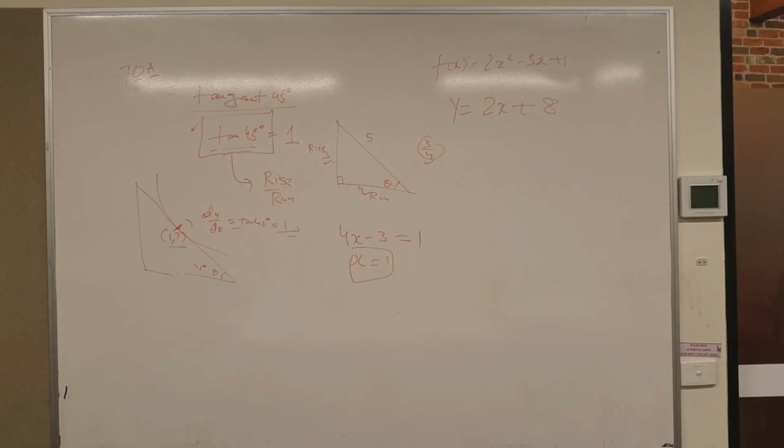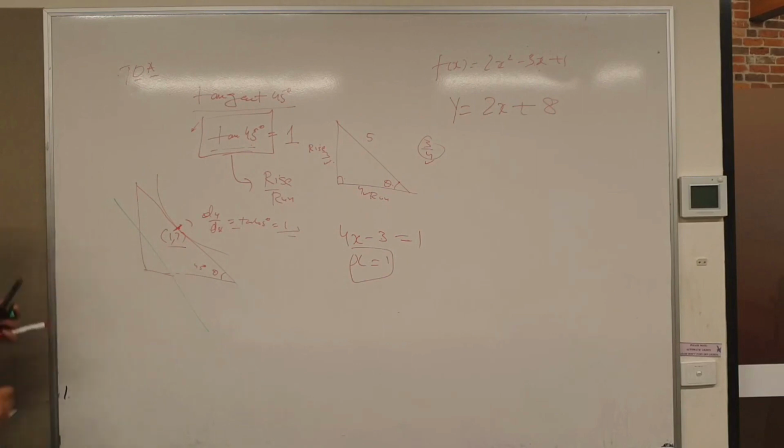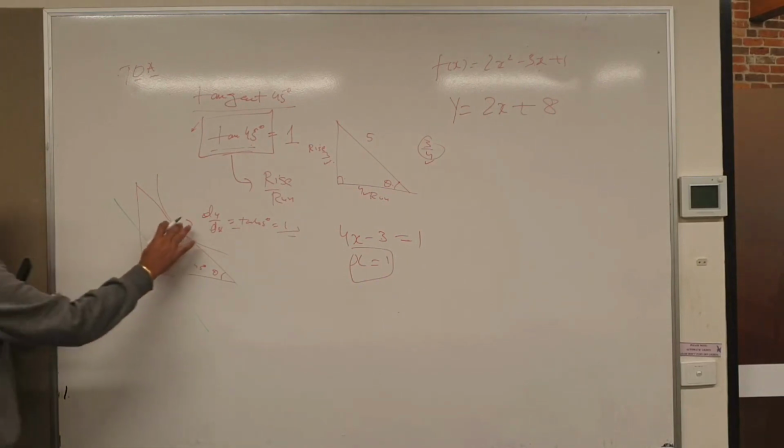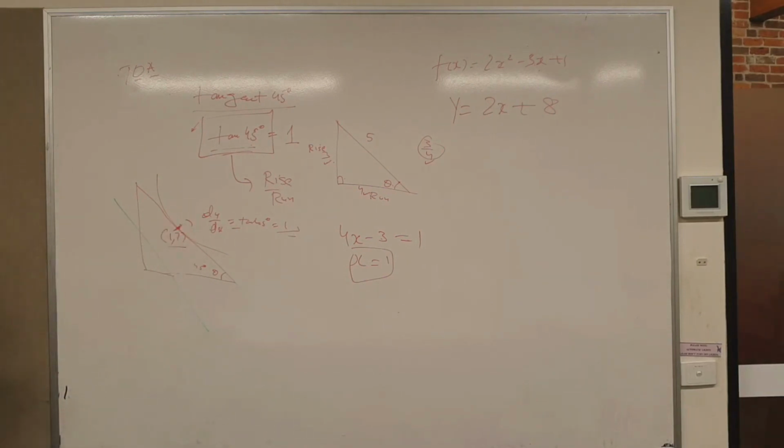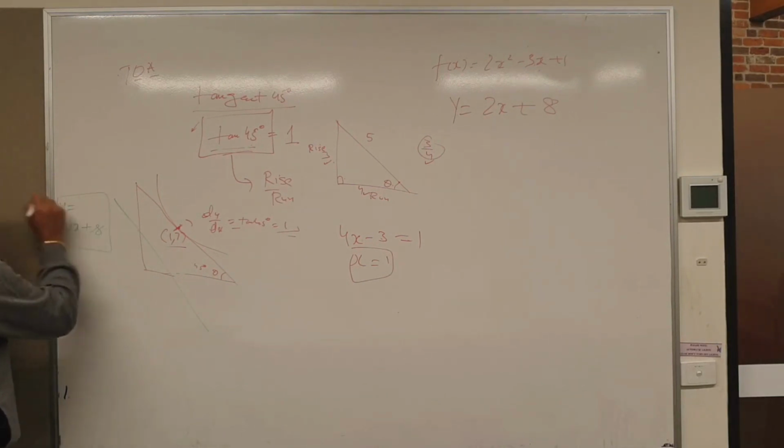We're saying the point at which the tangent line is parallel to another line. So this tangent line is actually parallel to another line, Aishka, like this. So they are parallel. And the other line is what? Y equals 2x plus 8.